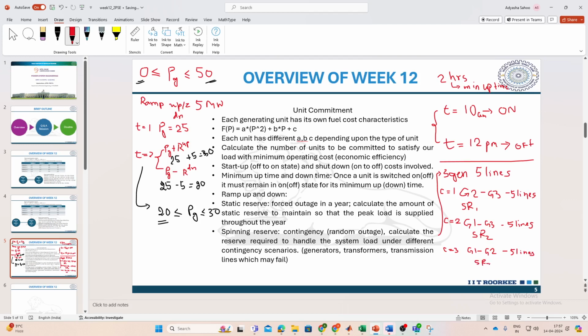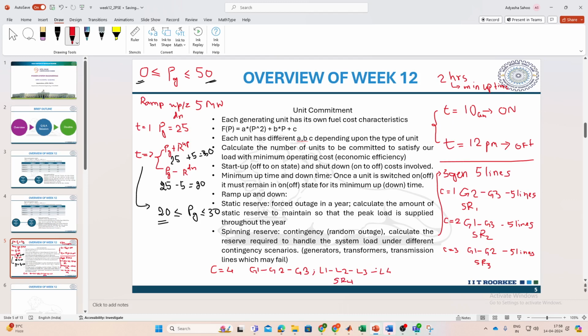Now we have just considered only the outage of a generator. Next, we will consider when there is an outage of a line. So for contingency C4, all your generators are there, G1, G2, G3, but one of the lines is under outage. So you have only L1, L2, L3 and L4, and let's say line 5 is under outage, and under this scenario let the spinning reserve required be SR4.